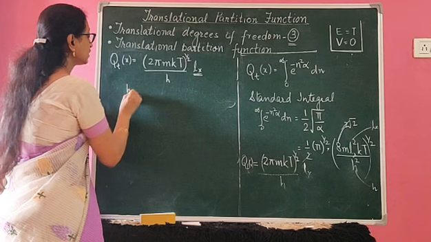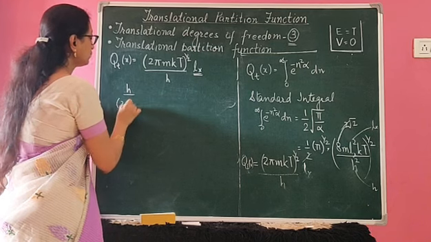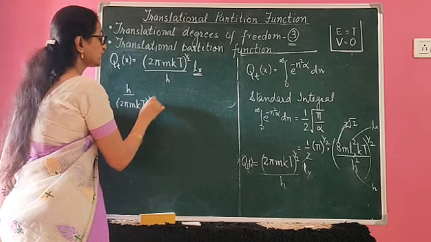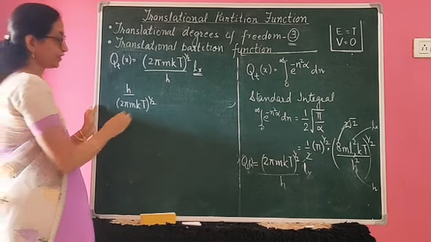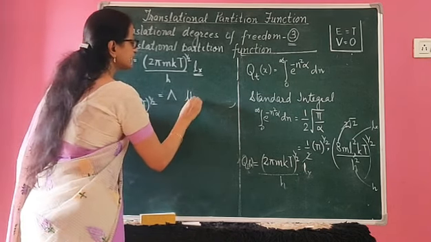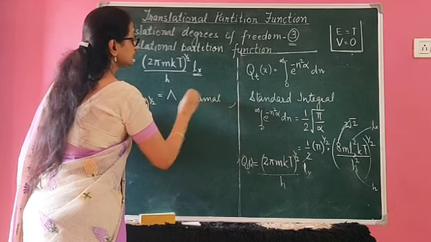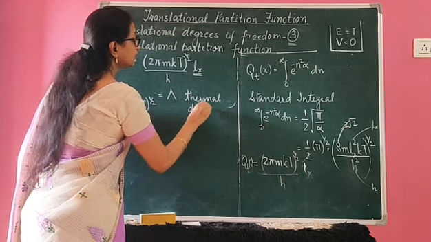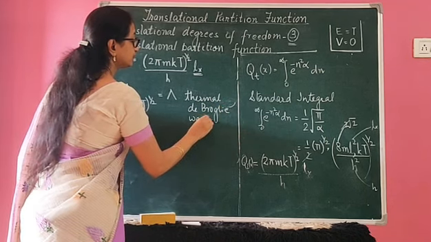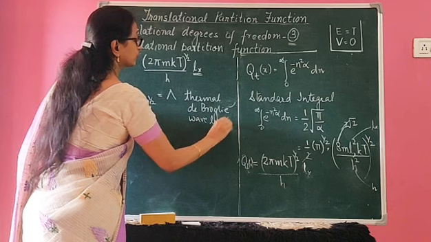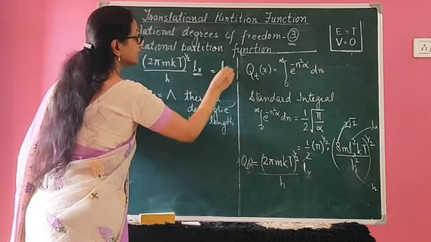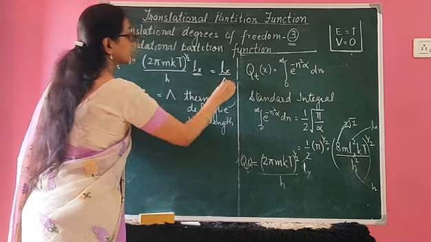Or we can write h upon 2 pi mkT to the power half. This is having the dimension of wavelength. It is represented by lambda and is known as thermal de Broglie wavelength. So we can write this as Lx upon lambda.